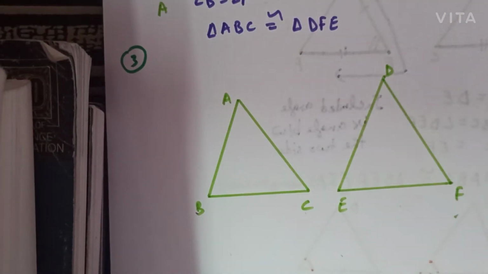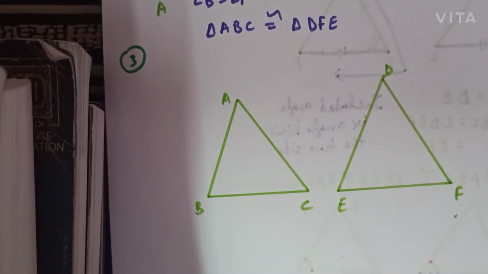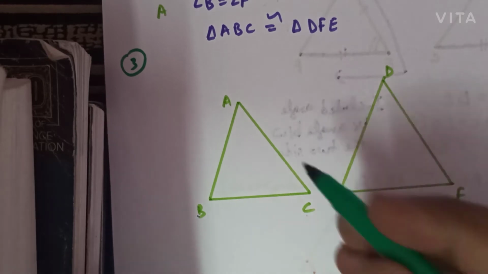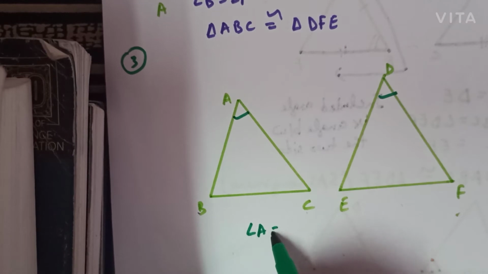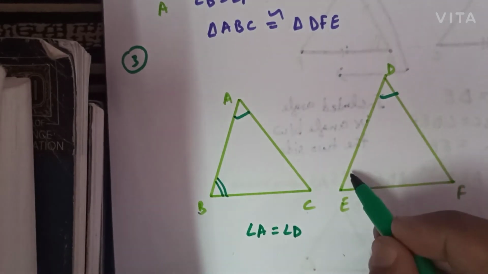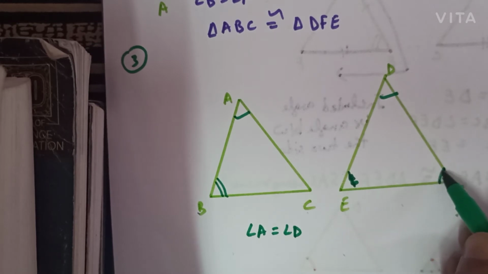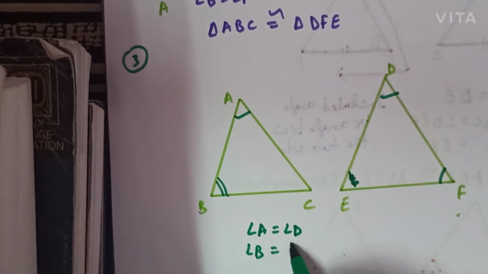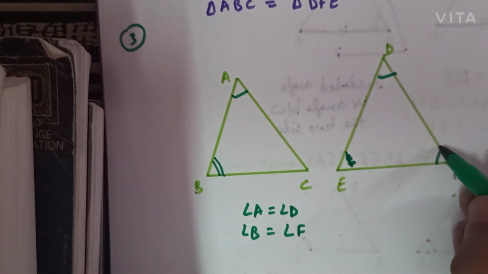Now again, in the same example as given above, we have taken triangle ABC and triangle DEF, and what is given to us is angle A is equal to angle D, and angle B is equal to angle F. As earlier, two angles are equal.